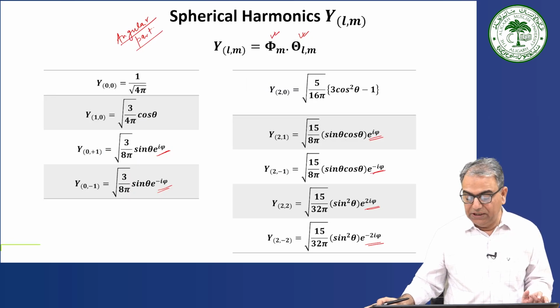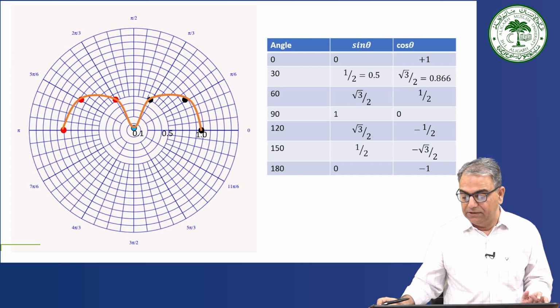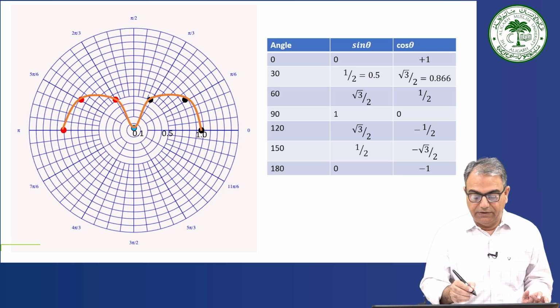If you want to see the plot of these functions, then look at this plot. This is a circular graph where you can plot sin theta and cos theta. What is plotted here is cos theta.